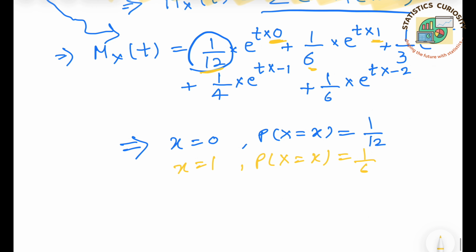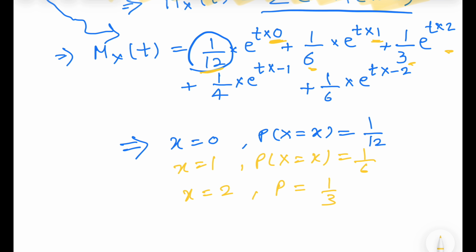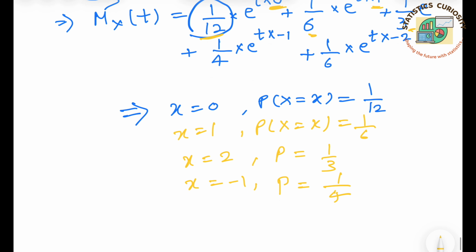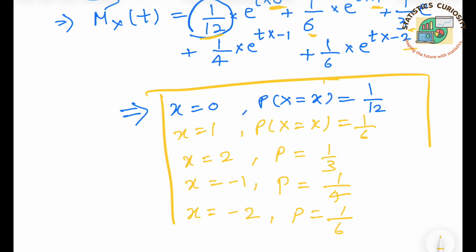For x equals 2, the probability is 1 by 3. For x equals minus 1, the probability is 1 by 4. For x equals minus 2, the probability is 1 by 6. In this way you have the entire probability mass function or the probability distribution.